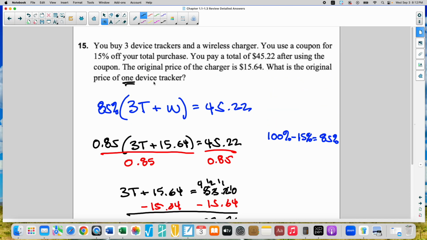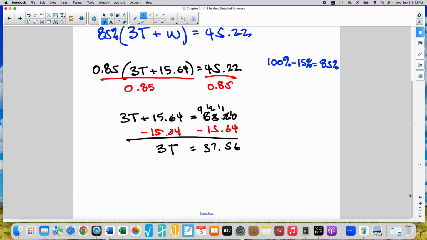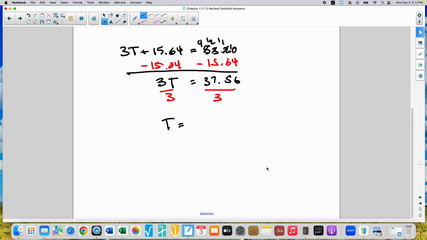But they don't want to know the value for 3 trackers. We want 1 tracker. So I still have some work to do. I got to divide by 3, and I get t equals, and now I can divide that. I'm not going to use a calculator because I'm still practicing my work. Decimal point, decimal point. 3 goes into 3 once.